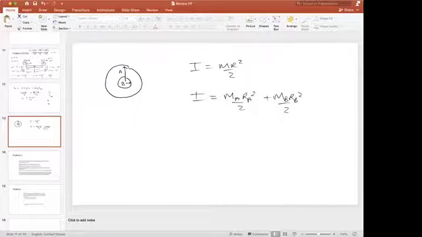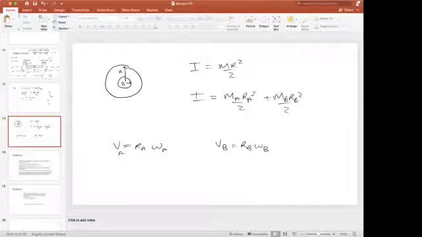So what that means is that V at A is RA omega A, and V at B is RB omega B. But the omegas are the same for both pulleys. What's going to be different are the radiuses, okay?